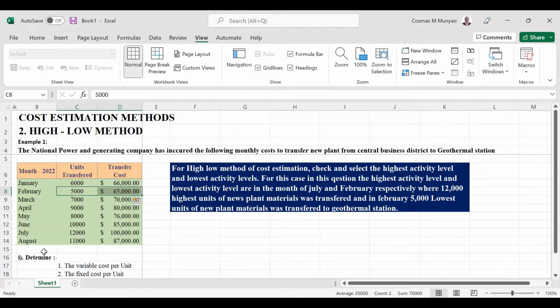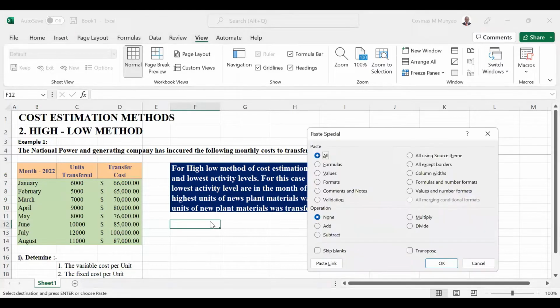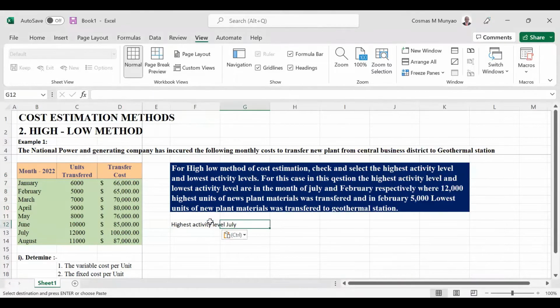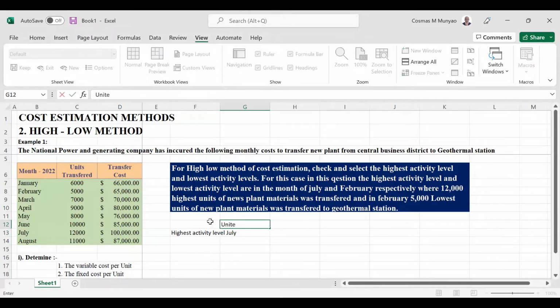So we go straight ahead and we select first the highest and the lowest activity level. So this is the highest activity level. Let's put it here, and then we can say units transferred, and also transferred costs.